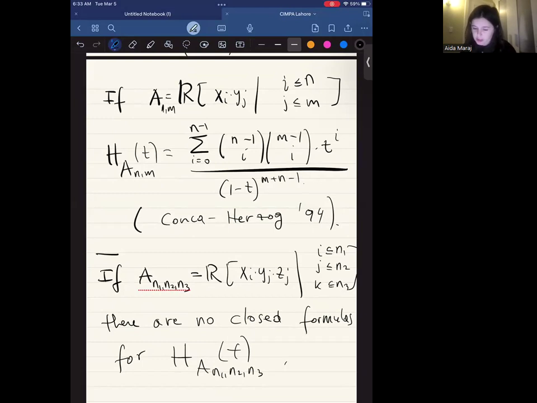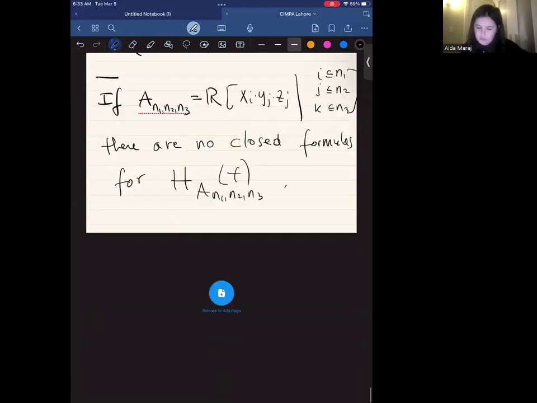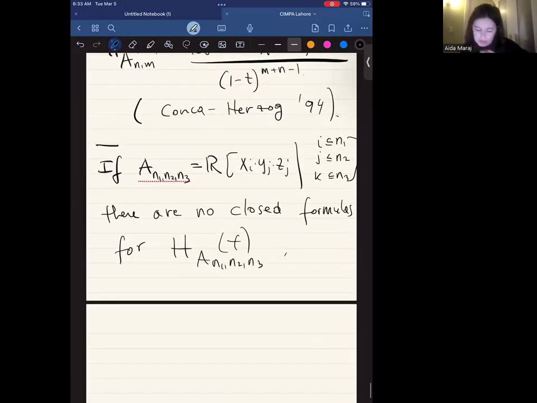There are iterative ways, but there are no closed known forms. So this says that finding the rational form may not be easy.